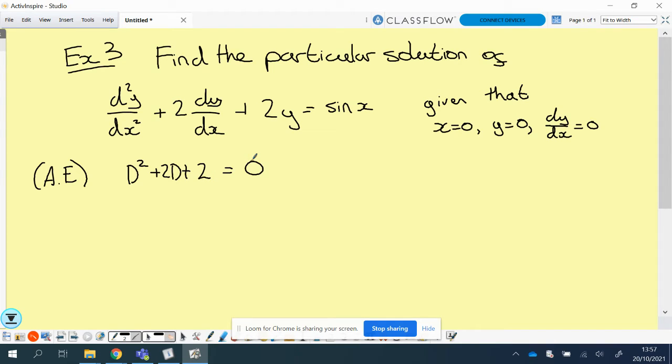If we solve this, I'll look at b squared minus 4ac to work out what types of roots we've got. That's going to be 4 subtract 4 times 1 times 2, which will give me an answer of negative 4 if I've done that correctly. Therefore, I've got complex roots.